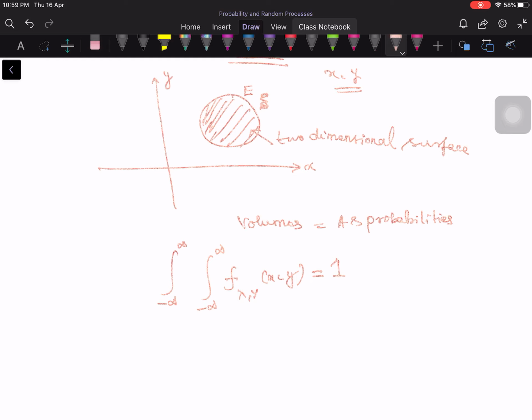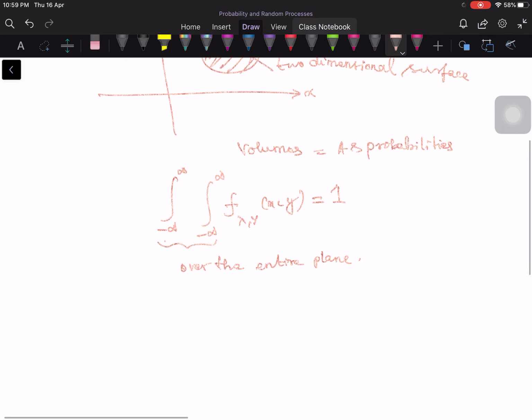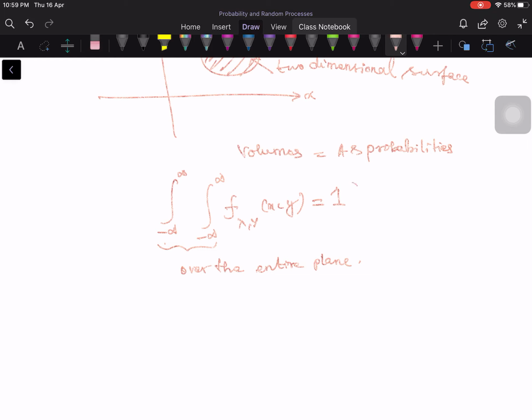When you integrate from minus infinity to plus infinity, that means we are integrating over the entire plane, and that should be equal to 1. This integration gives you the volume under your surface, which should be equal to 1.